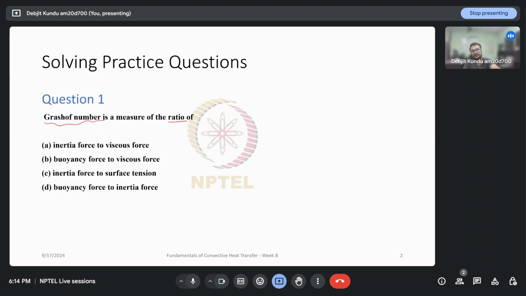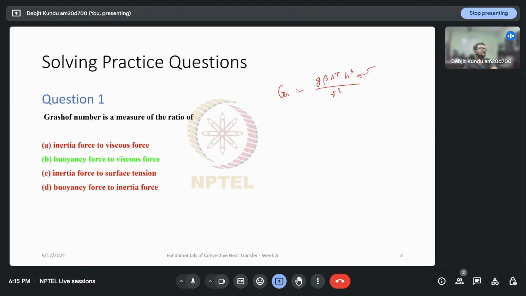Let us quickly take a look at the answer. It is actually the buoyancy force to viscous force. So that's what our Grashof number is. If we look at the formula, it boils down to something like this, g beta delta T h cube divided by mu squared.